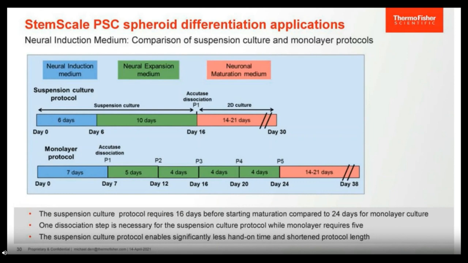And I will show an example of why this is in a later slide. But additionally, as I briefly stated earlier, there's much more dissociation steps in the monolayer protocol. So there's 5 dissociation steps compared to only 1 for the suspension culture protocol.